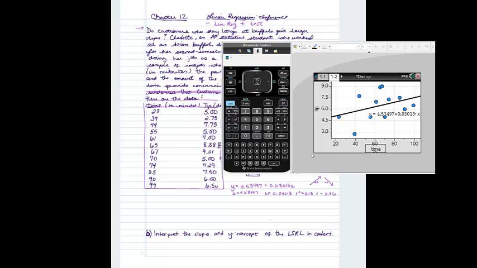So this one isn't a +1, it's about 0.3. So it's kind of what we would call a weak relationship between the two. We'd say a weak positive linear association is how we would word it for something like that.